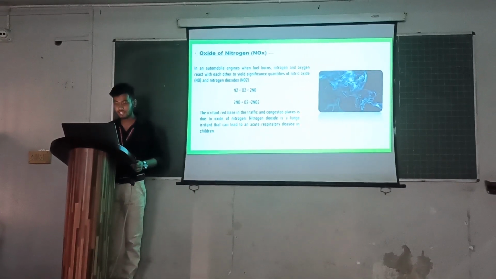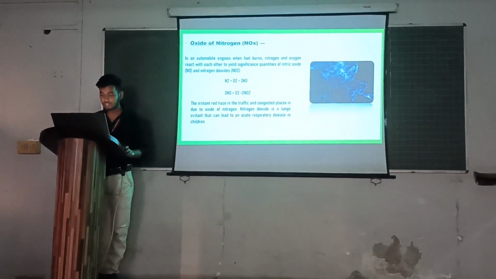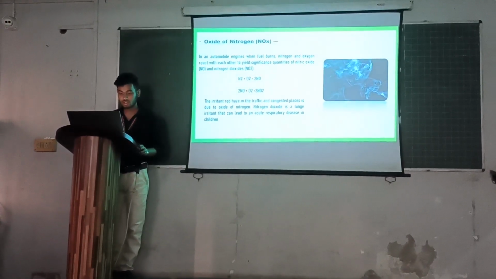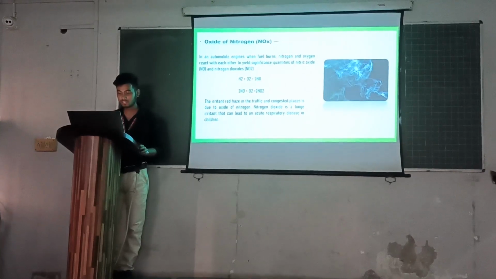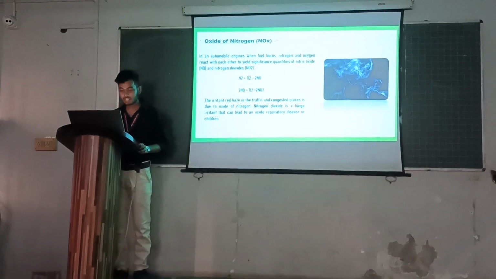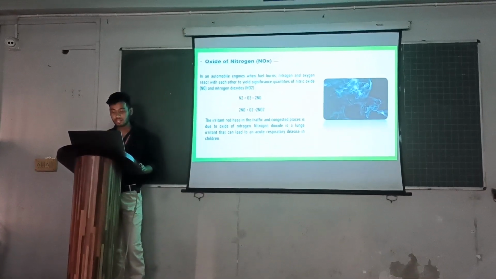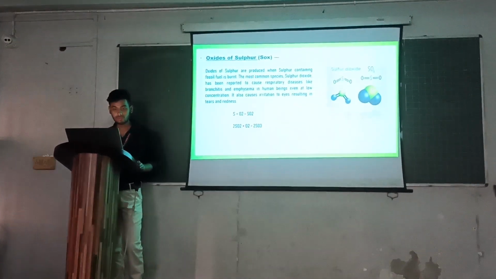The irritant haze in traffic and congested places is due to oxides of nitrogen. Nitrogen dioxide is a lung irritant that can lead to acute respiratory disease in children.